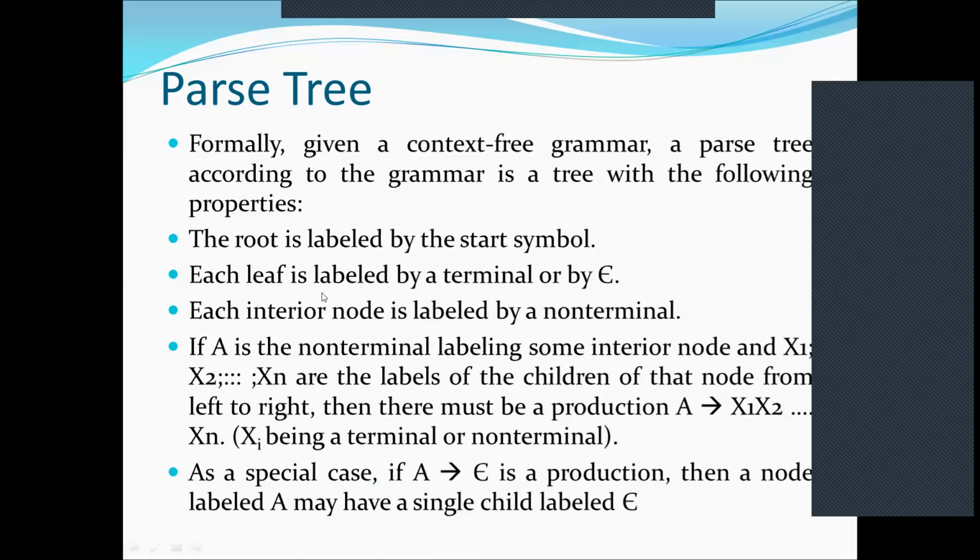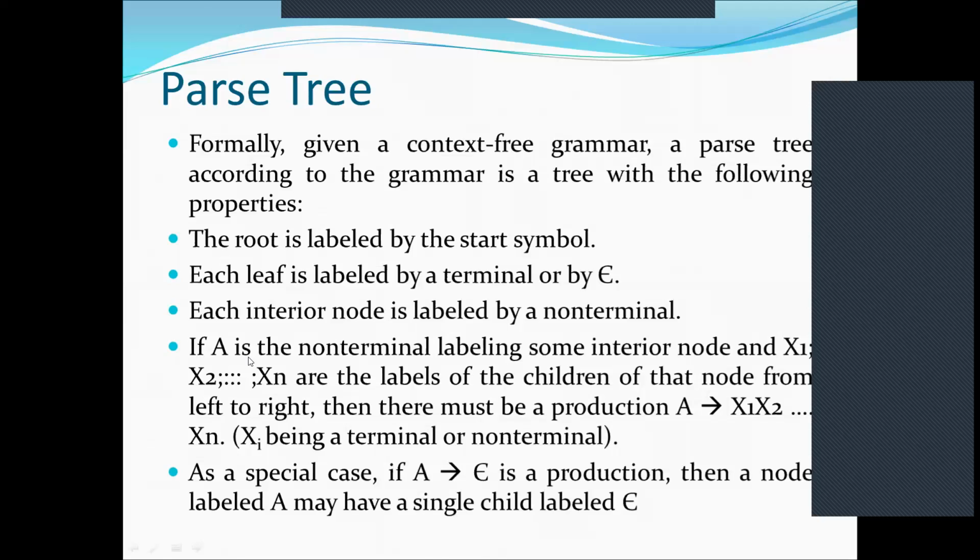Each leaf is labeled by a terminal, or if there is no terminal, it will be a null, or you can say epsilon. And each interior node is labeled by a non-terminal. So your interior nodes are labeled by non-terminals, your leaf nodes are labeled by terminals, and that is how your parse tree is constructed from the production.